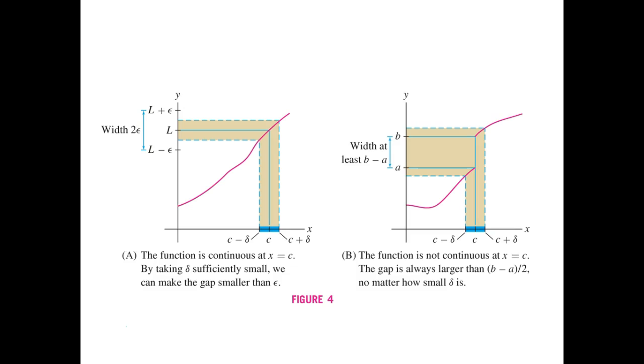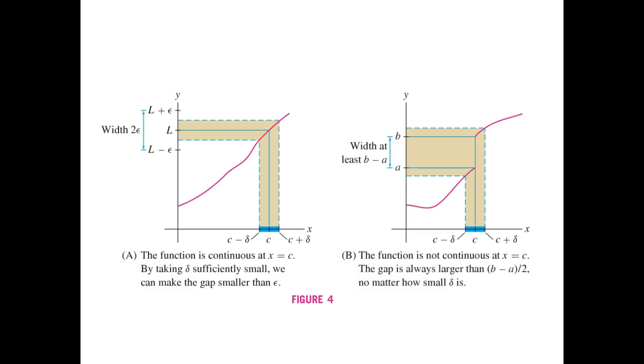If this function is not continuous, if it has a removable discontinuity, you're fine. But if it has a jump discontinuity, an infinite discontinuity, or any of those other than a removable discontinuity, you can't do it. For any epsilon greater than 0, if you give me an epsilon inside the gap, you're never, ever going to be able to close the gap.